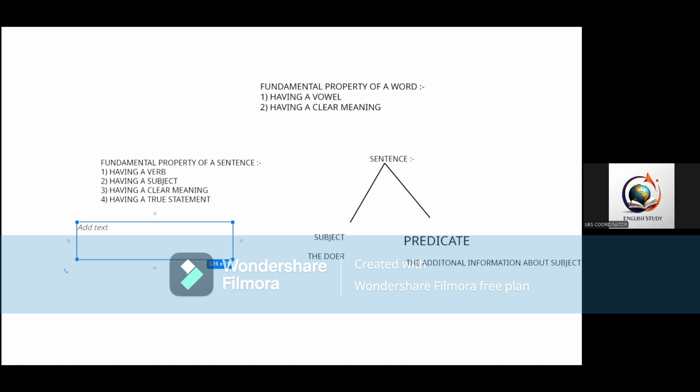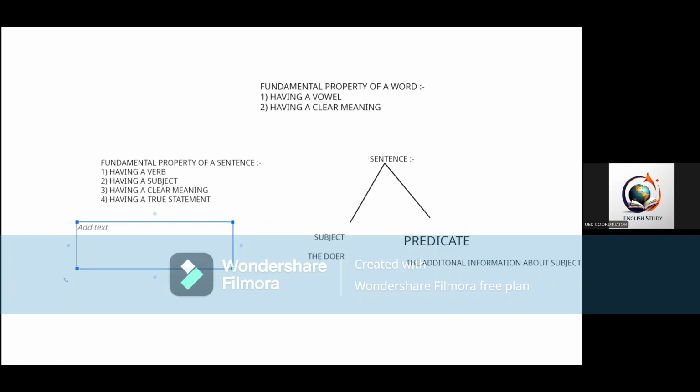about the object, and it mainly describes direct objects.